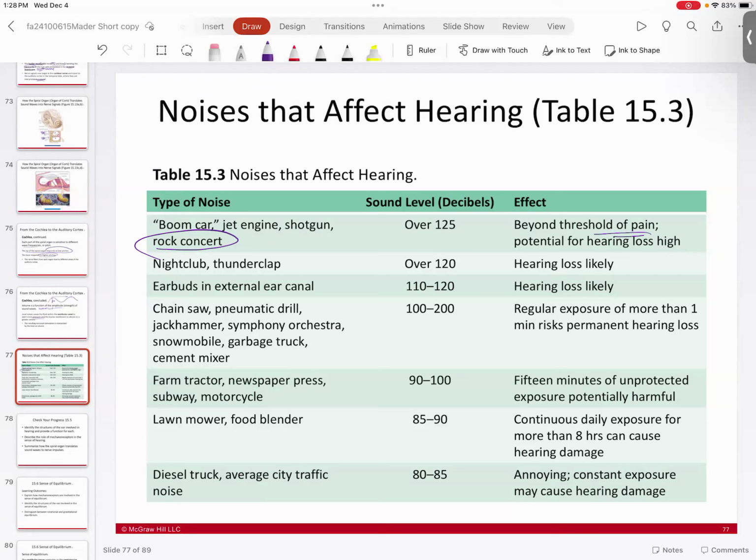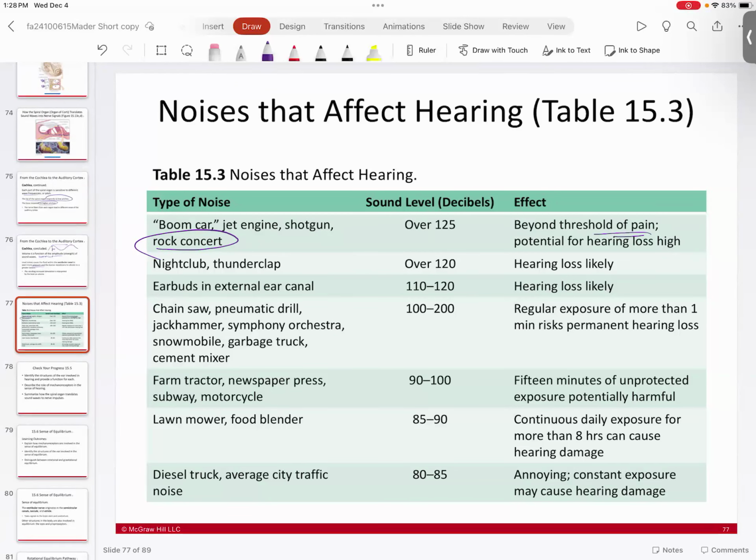Remember when I went to a U2 concert, which was not open air, it was in what was then Pepsi Center, which is not a good idea, to book a group as big as U2 and cram everybody into the Pepsi Center. I literally had my hearing had to recover over a couple of days. I remember going home from that concert, I was talking to my wife on the phone, and I could barely hear her.